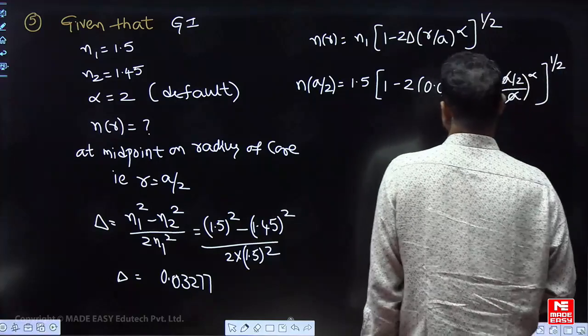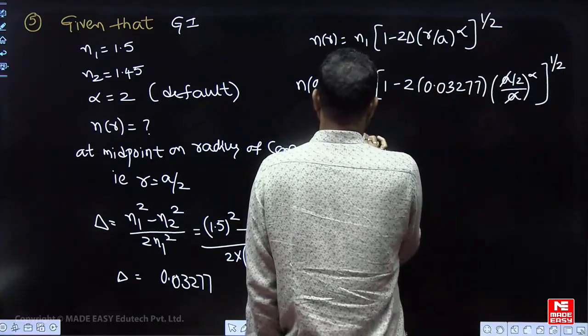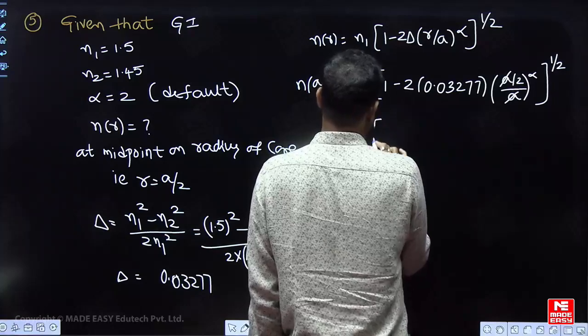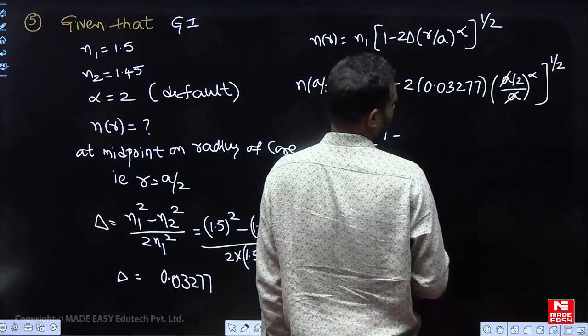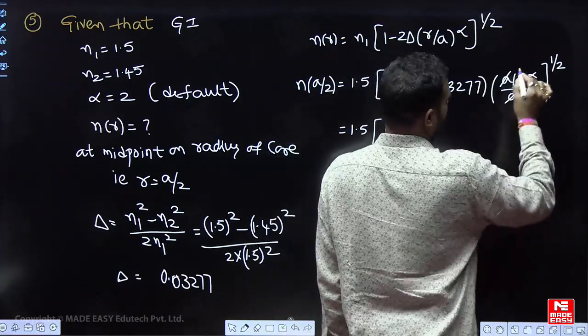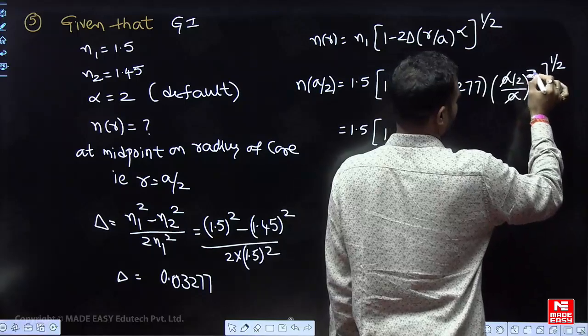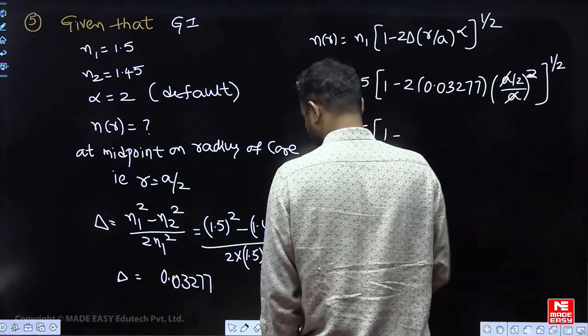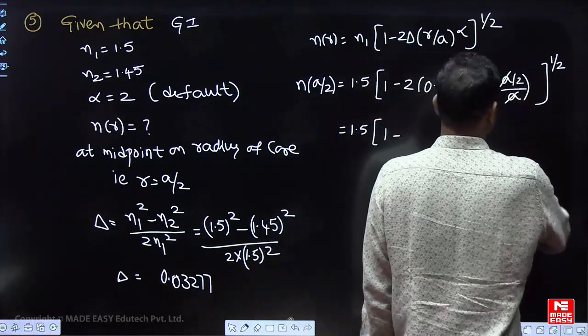A and A cancel out. This value is equal to 1.5 into 1 minus, and the alpha value is equal to 2. So this value of alpha is equal to 2.